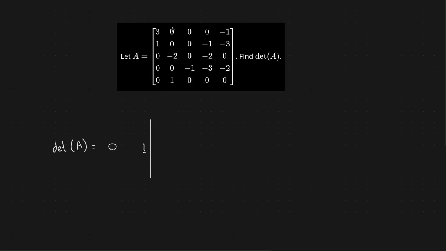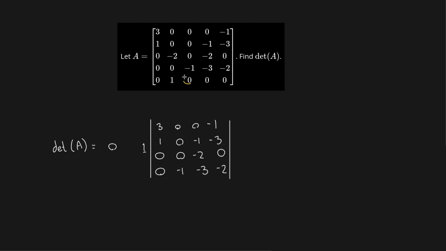I get 3, 0, 0, negative 1 for the first row, then 1, 0, negative 1, negative 3, then 1, 0, negative 1, negative 3, then 0, 0, negative 2, 0, and then 0, negative 1, negative 3, negative 2.